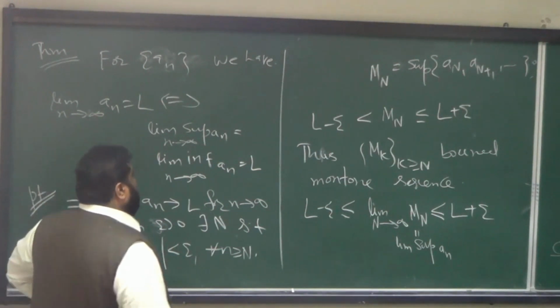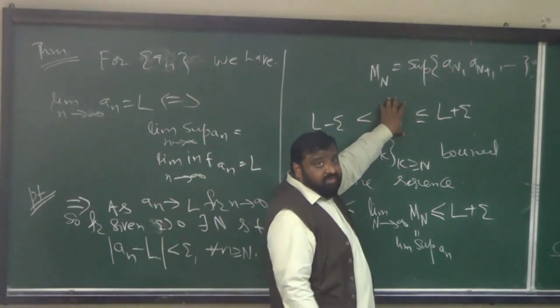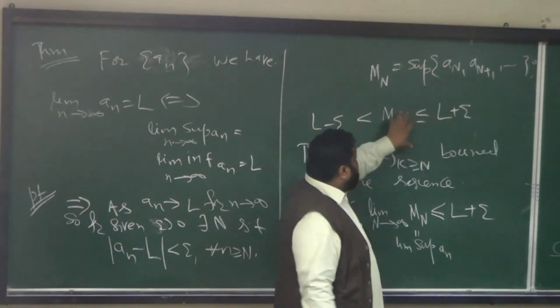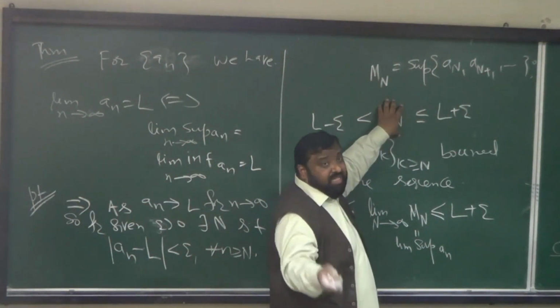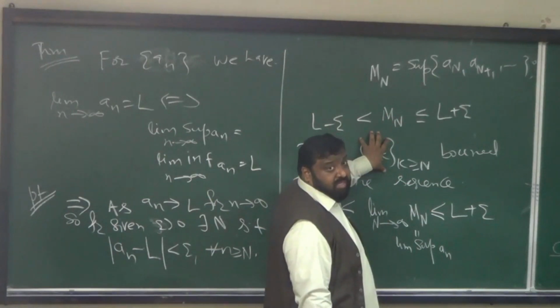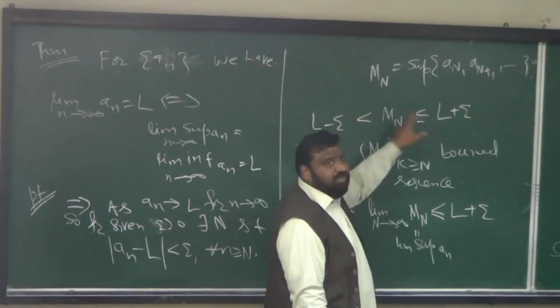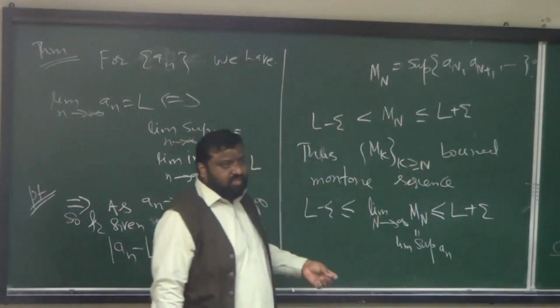Just think about it. If the Mn is between these two numbers, this Mn must be bigger than or equal to the infimum of these numbers. So how can that number, the infimum, which is smaller than this, not be in this interval? So it should be in this interval.